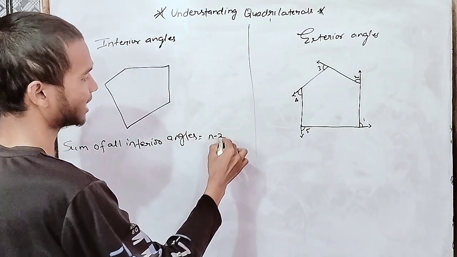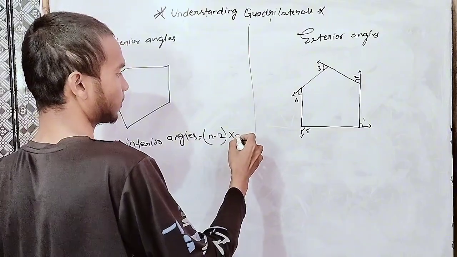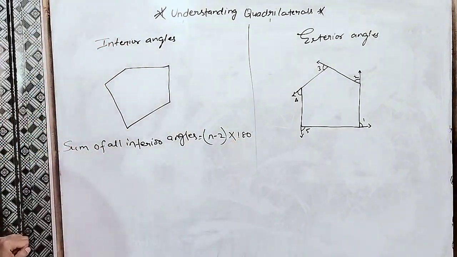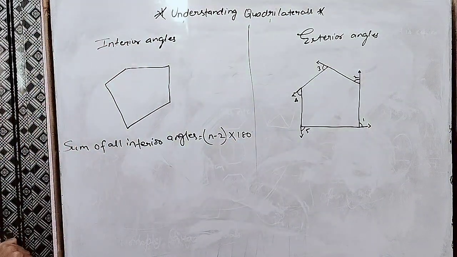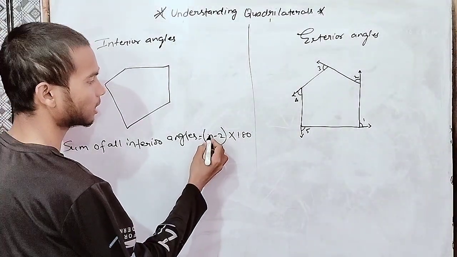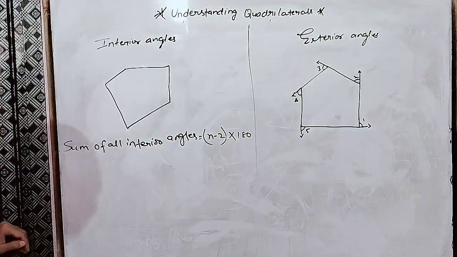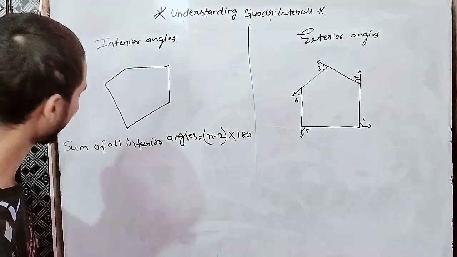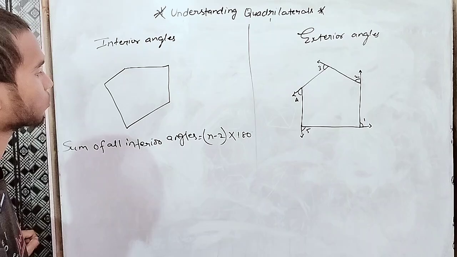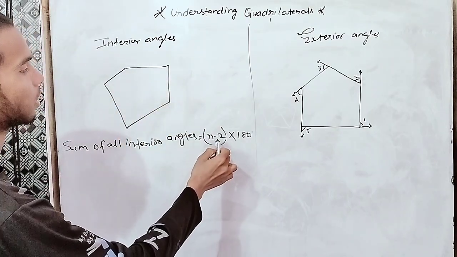n minus 2. This is just a formula: n minus 2, and then we will multiply with 180. n is a number, which is also said to be a natural number. So here, how many? 1, 2, 3, 4, 5. So we will write here 5.